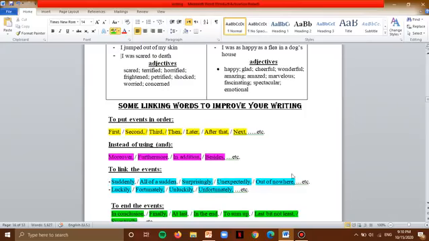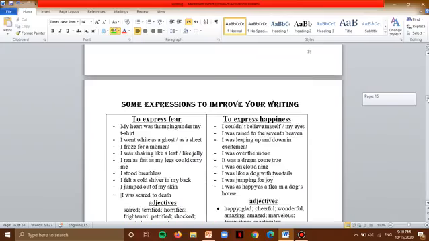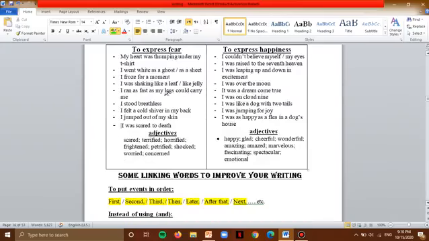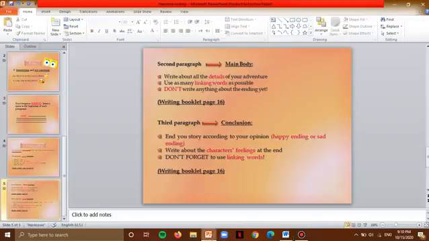So these are all words that I can use to link the events. And we said we have some expressions that I can use to improve my writing a little bit. If I'm writing a scary story, I can use those. If I'm writing an adventure story or describing happy events, I can use those. And then like this, I finished my body.